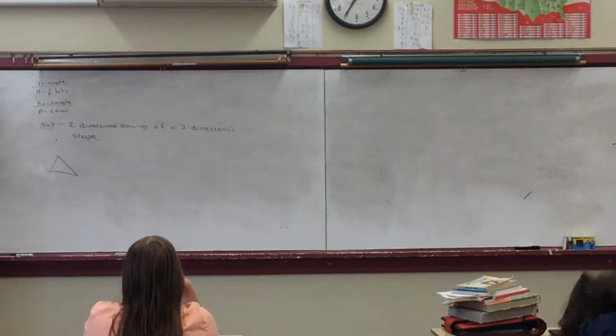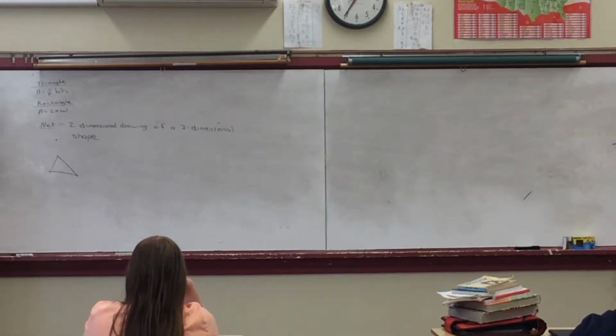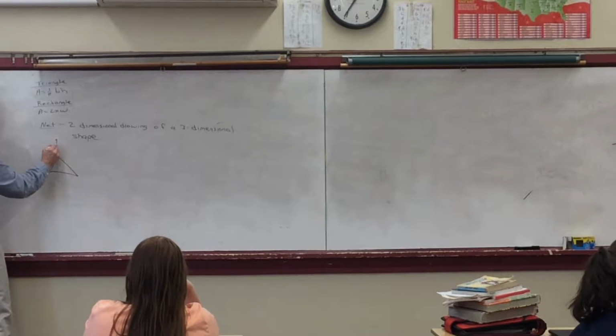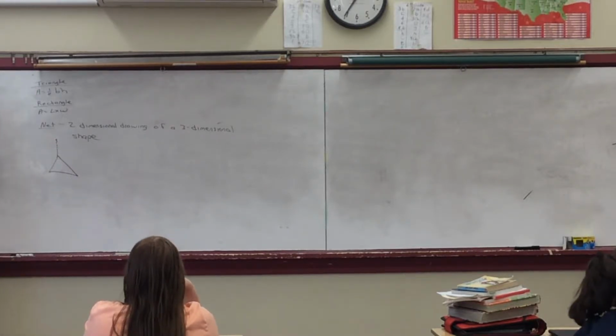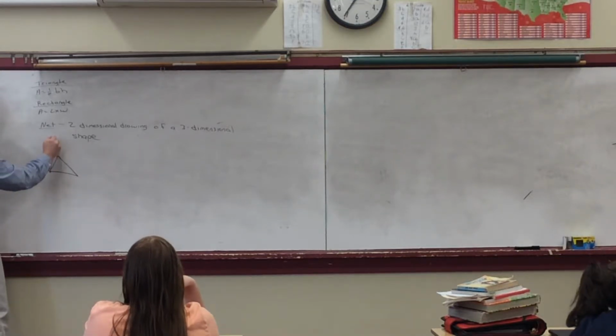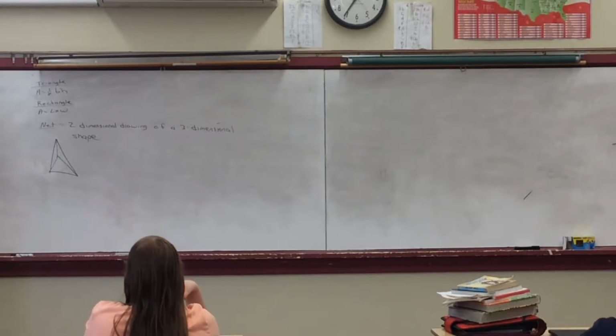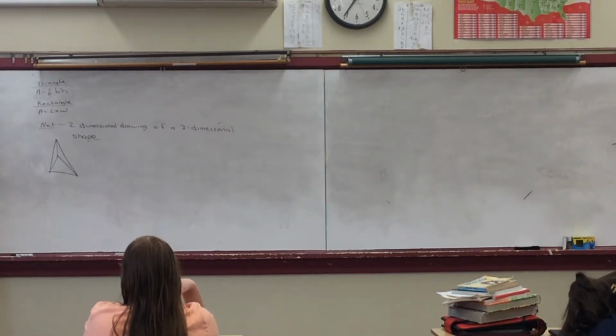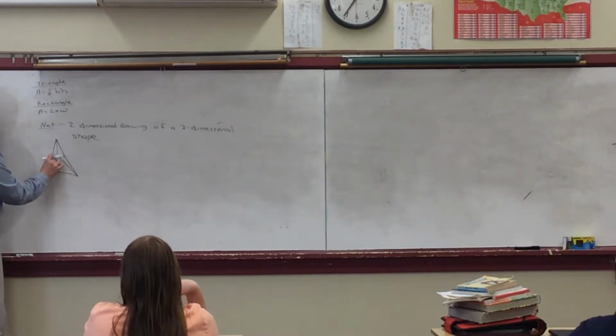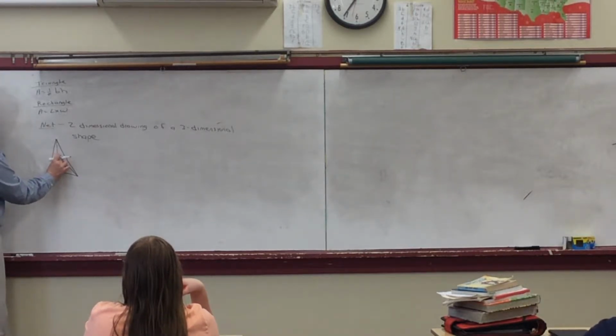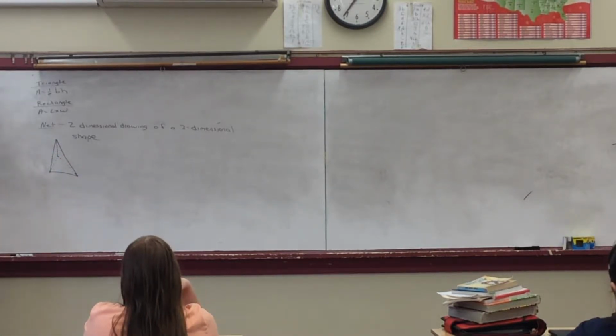Put a dot above it. I'm going to put a dotted line to the top. I'm going to put a solid line from that point down to the other points of the triangle. Now, it's easy for me because I have a dry erase marker. I can make dotted lines here. So that now I have a triangular pyramid.